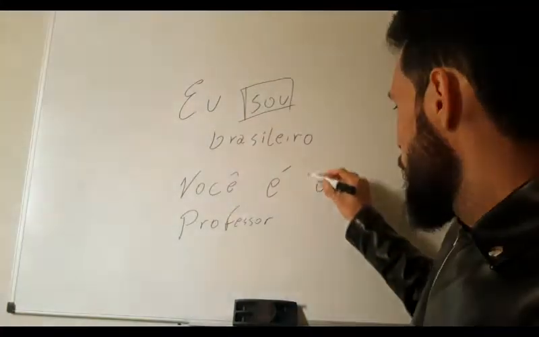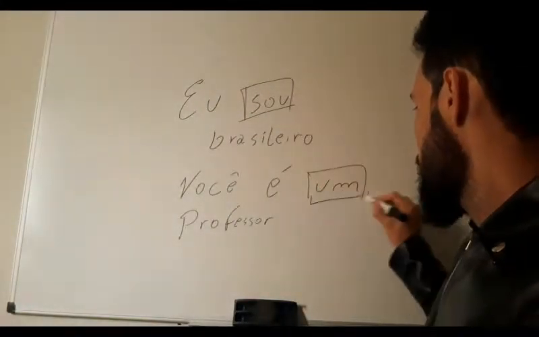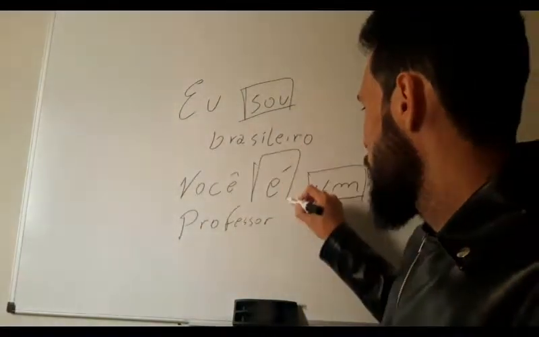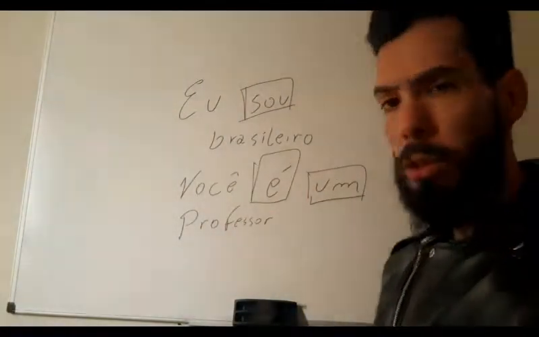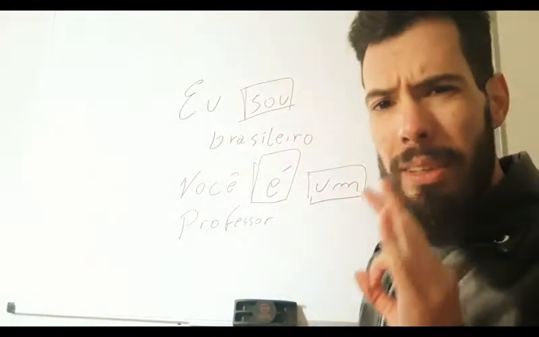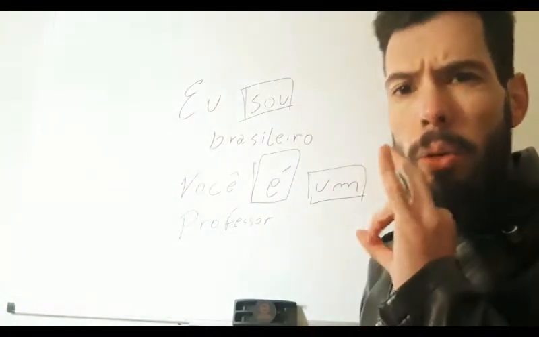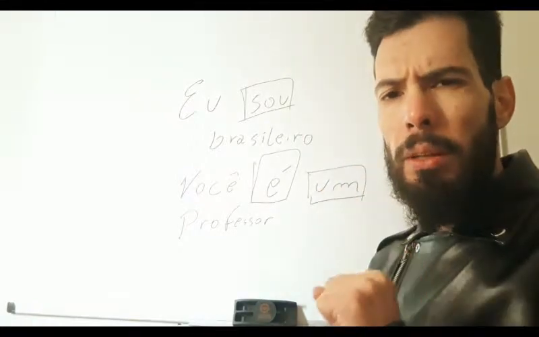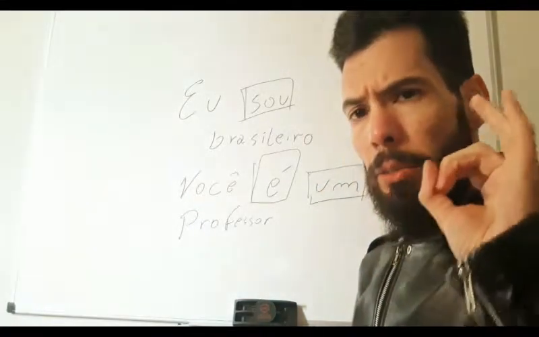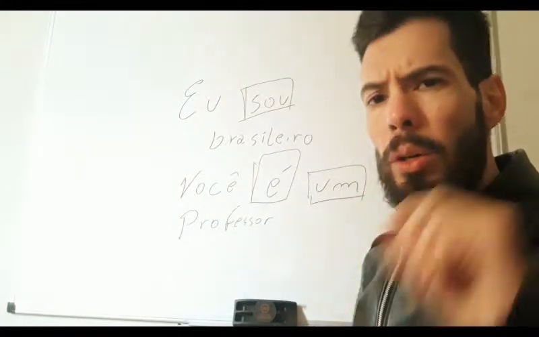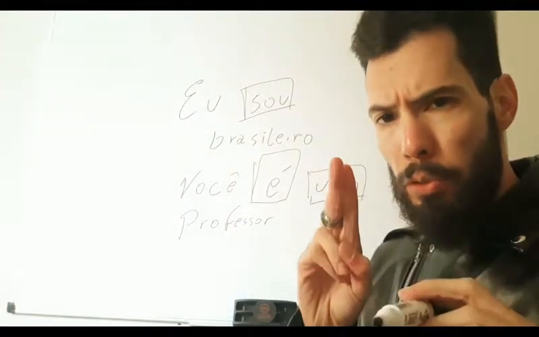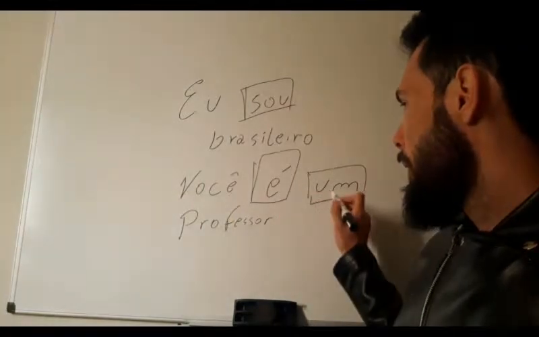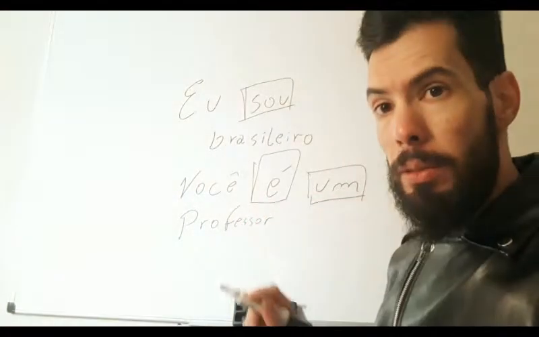Let's repeat two things in here. This is important. New word for new vocabulary. The conjugation of the verb. So, we say, você é professor. Once again, let's repeat this one. Você é professor. You are a teacher.